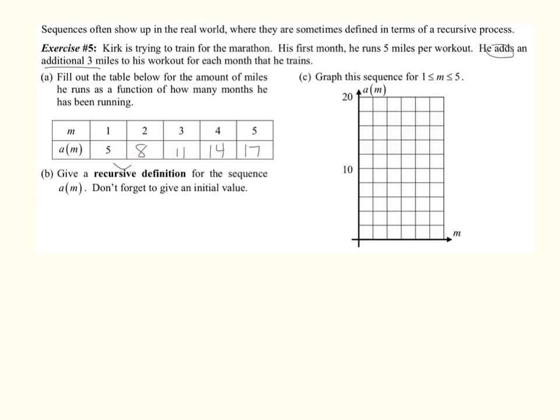What I want to do right away so that you have an example coming into class is write a recursive definition. So let's remember, what do I need for a recursive definition? I need my first term. So we're going to write a sub 1, which means first term, equals 5. And a sub m, because that's what we're using here, equals, now the key, a sub m minus 1.